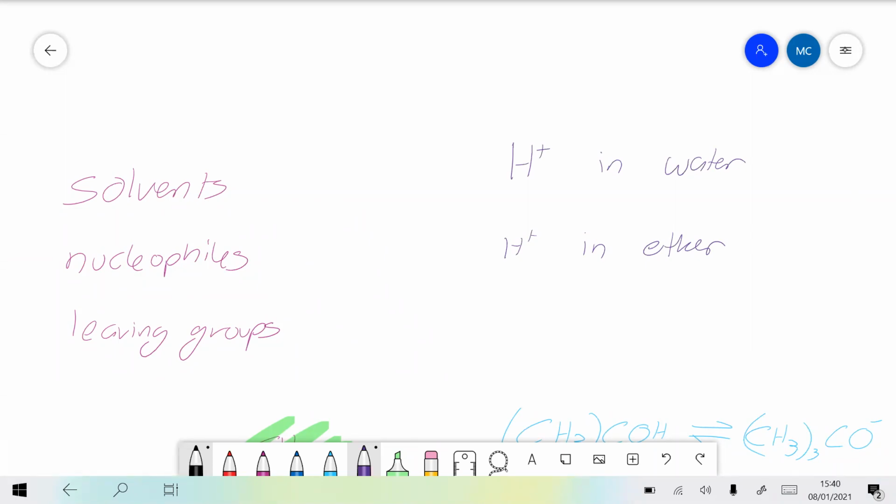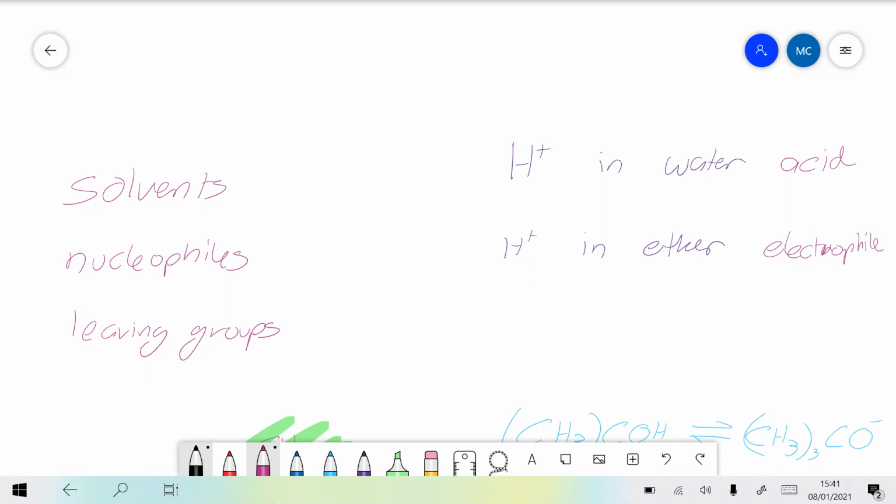We'll define what the term protic is later on, but it normally has to do with being able to form hydrogen bonds, and the other one is not. So in water, it will hydrogen bond and interact with the water atoms. In ether, it doesn't. So in one, it's called an acid, and the other one, it's an electrophile only.